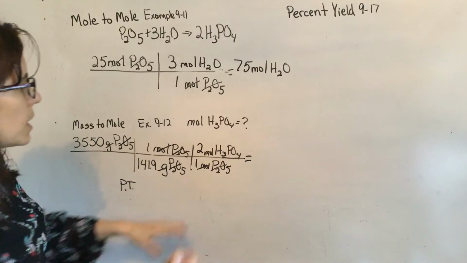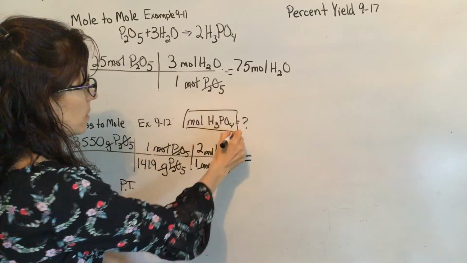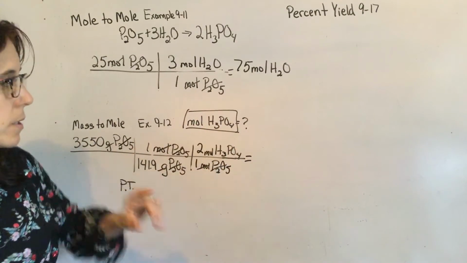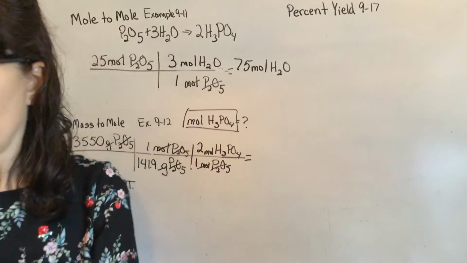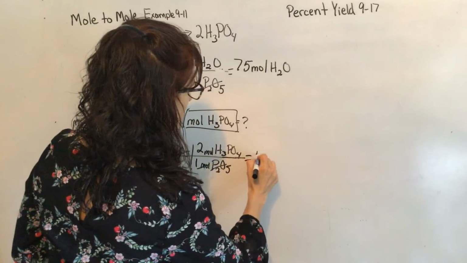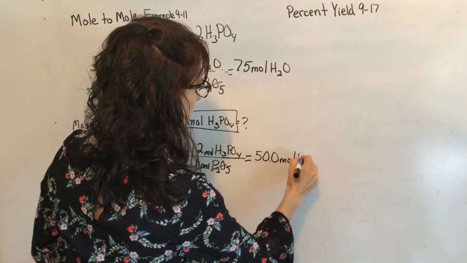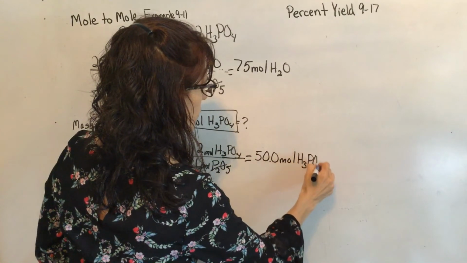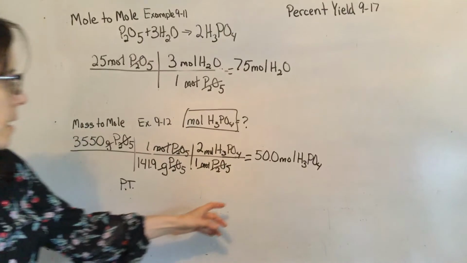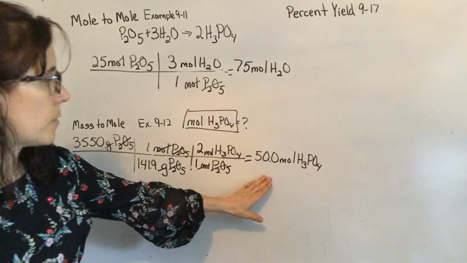So everything looks good. It's asking for moles of phosphoric acid, so we know that's where we want to end. So 50 is the answer. 50 moles H3PO4.